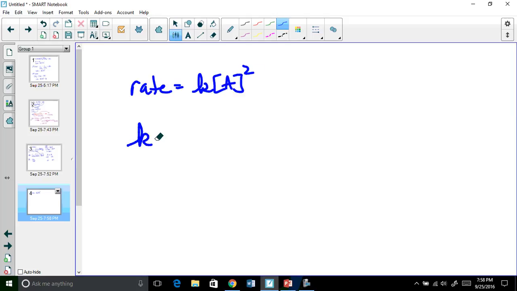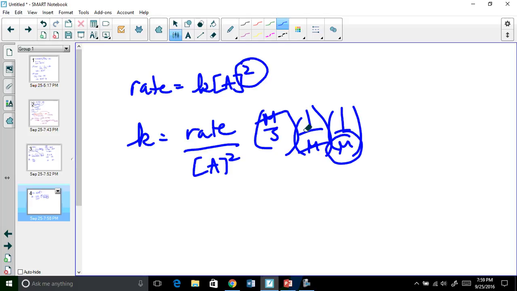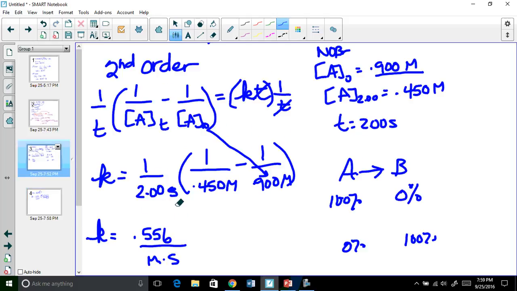Remember, the units on K are going to be rate divided by A squared. Well, rate is always molarity per second, and then A squared means you'll have molarity written twice. And so it's always the M is downstairs and it's one less than the order number. So what's one less than two? One. And so that's why on this problem I said the units were over molarity to the first times second.